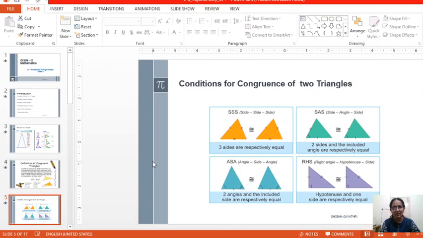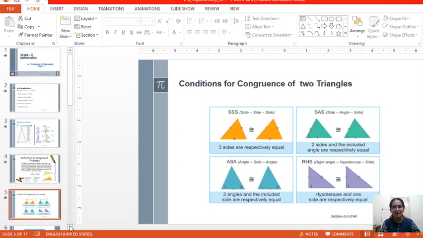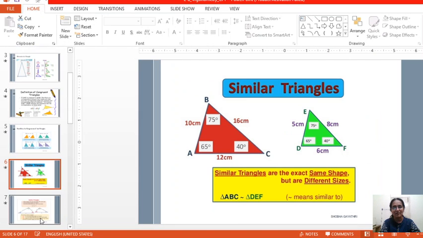Every time, we need not check all 6 elements of a triangle to prove congruency. It is enough if we check with these 4 conditions: SSS, SAS, ASA, RHS. You have studied this in detail in 7th standard.